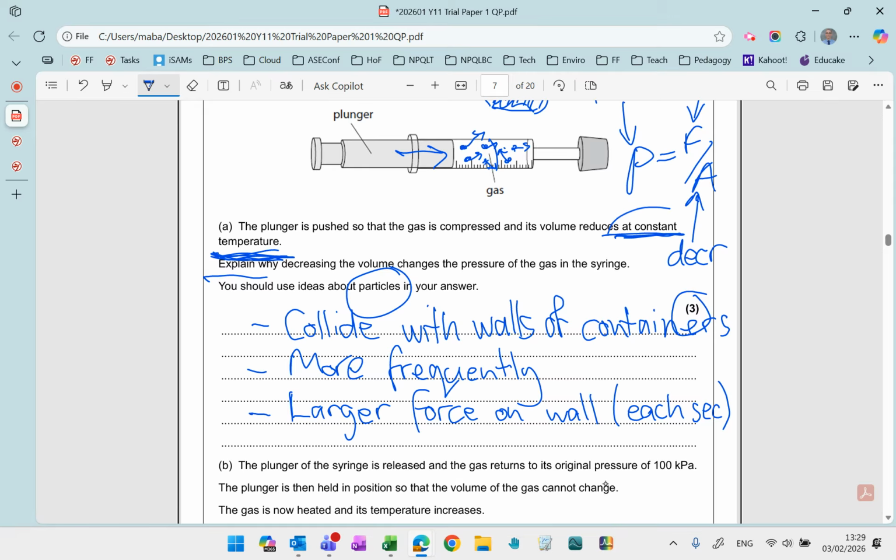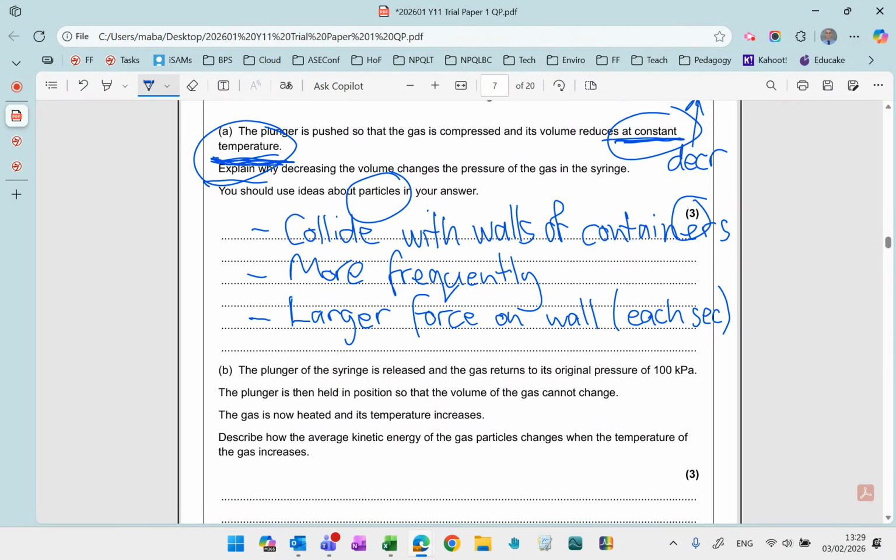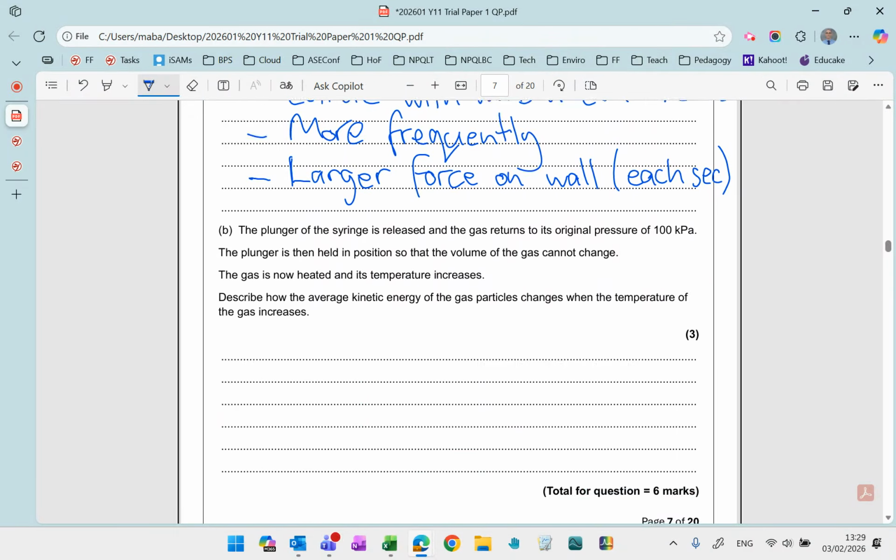So, okay, you've got to spot this idea that it's happening at a constant temperature to really get your heads around this. And this question I thought was possibly the hardest one on the entire paper. Why? Not because conceptually it's difficult, but because nearly everybody missed out that word there. All right, this isn't asking for an explanation, it's asking for a description.